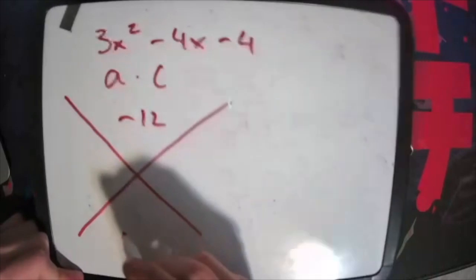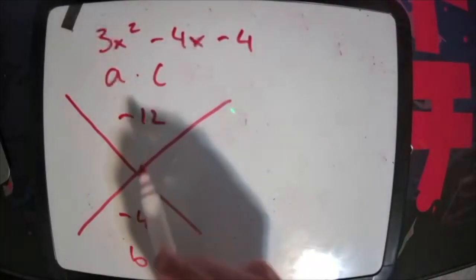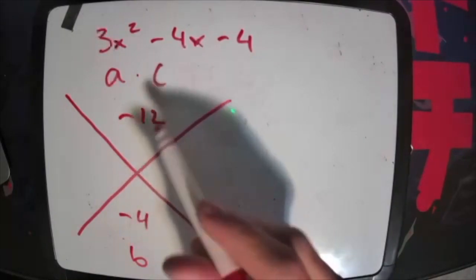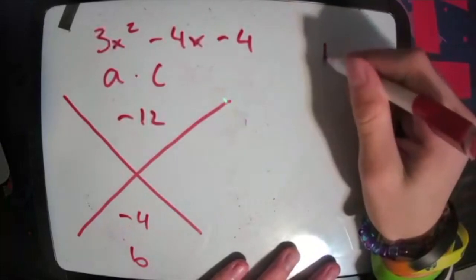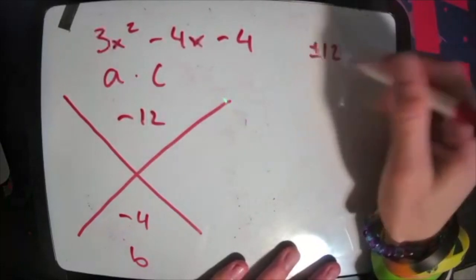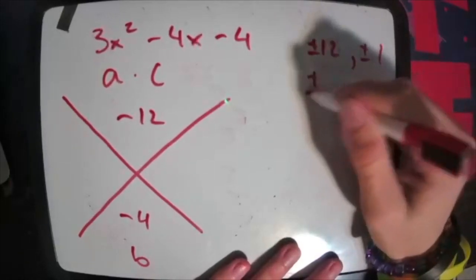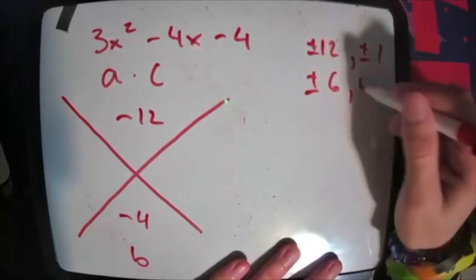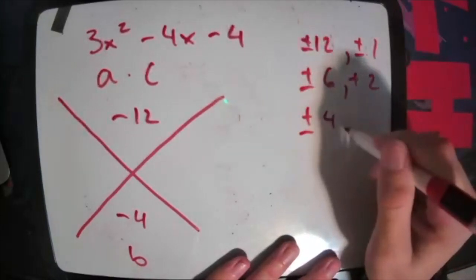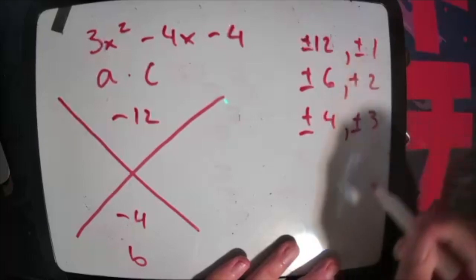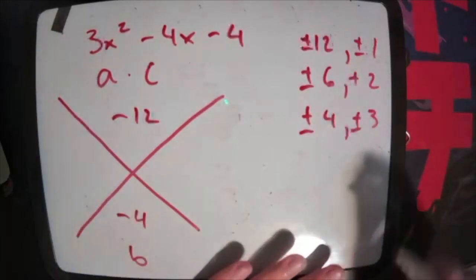And b is just negative 4. So let's write out all of the factors of negative 12 so we can see what adds up to negative 4. So we have plus minus 12 and plus minus 1, plus minus 6, plus minus 2, plus minus 4, plus minus 3. And I believe that's all the possible combinations.